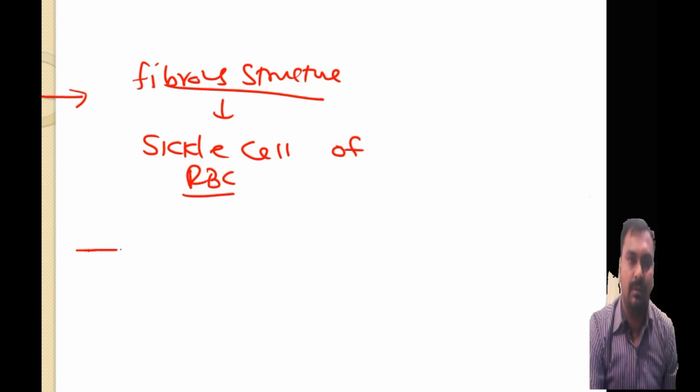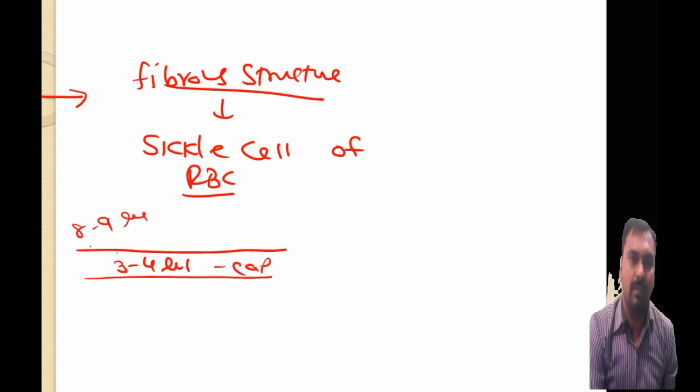Normally the capillary size is around 3 to 4 micron, and the RBC is around 8 to 9 micron. But the biconcave shape RBC is flexible and can pass through the microcapillary.